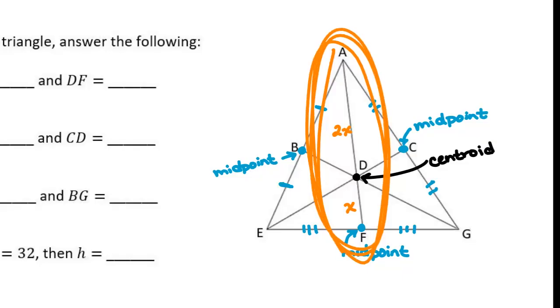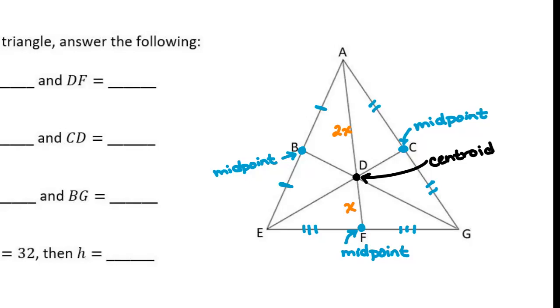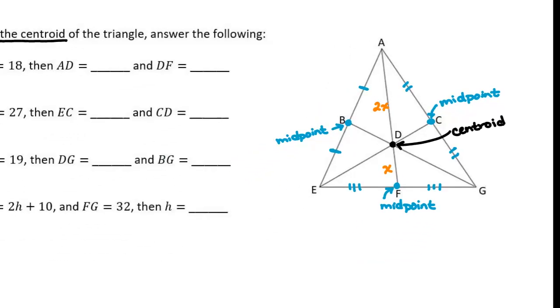So that means the whole median would be how long? If this much is 2X and this much is X, how much is the whole median? 3X, yes. And that X, 2X, 3X relationship will be true for every median.